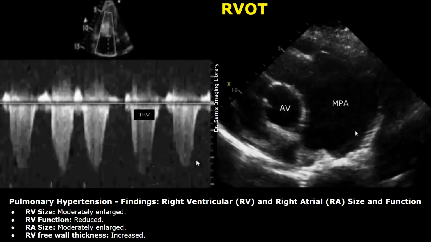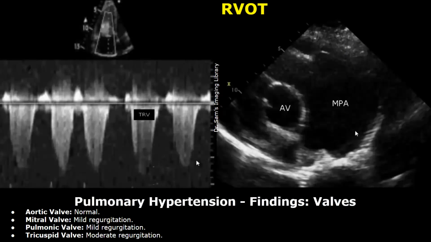Right atrial size is moderately enlarged, and RV free wall thickness is increased. Aortic valve is normal. The mitral valve shows mild regurgitation. Pulmonic valve shows mild regurgitation, and the tricuspid valve shows moderate regurgitation.